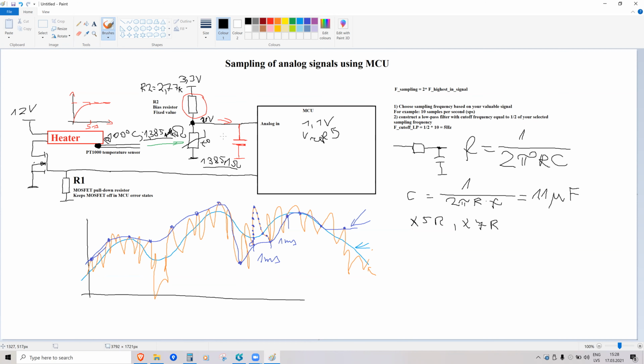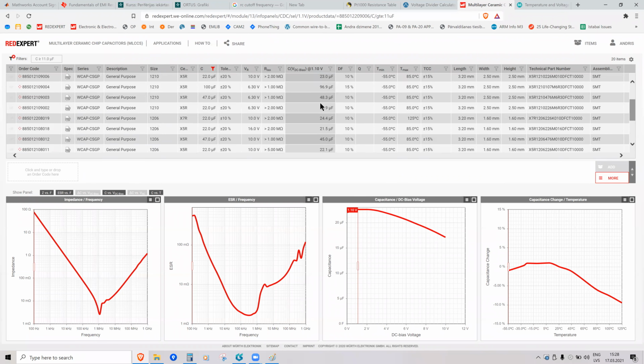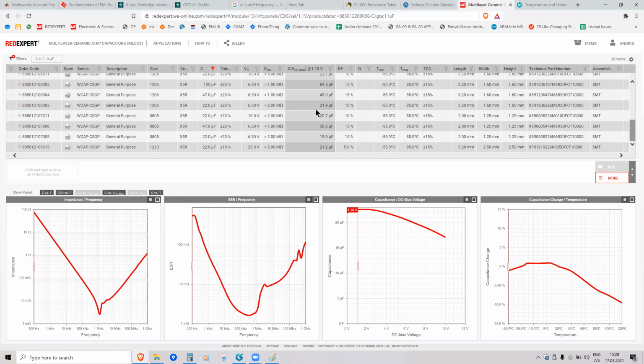So 1.1 is a maximum. I set this slider to 1.1. I think I can write it here, 1.1 volt. And then it shows me the real voltage here.